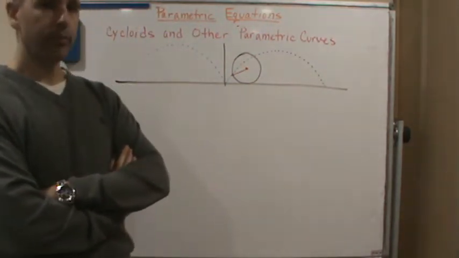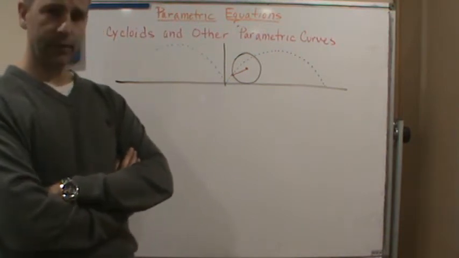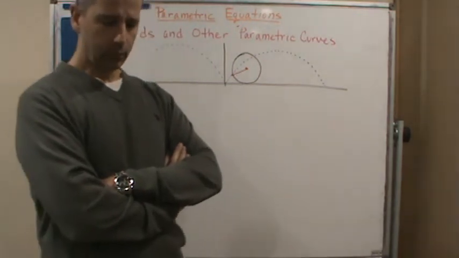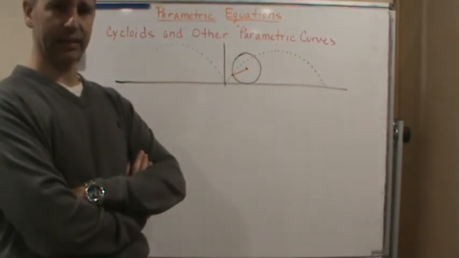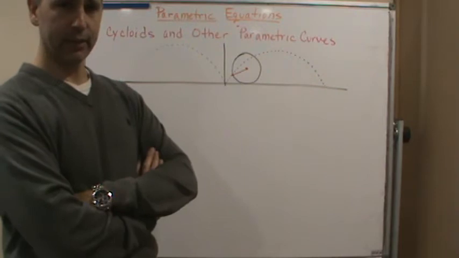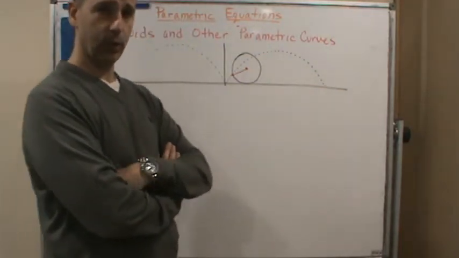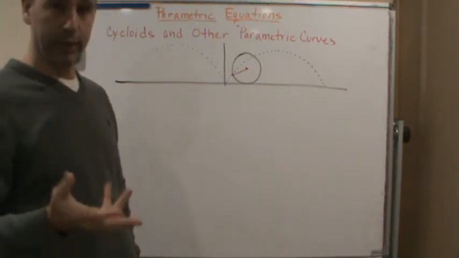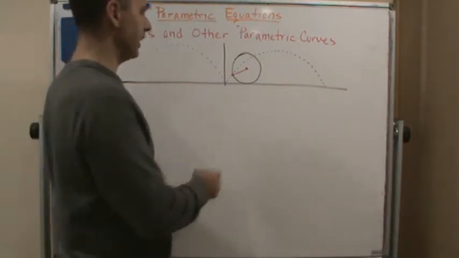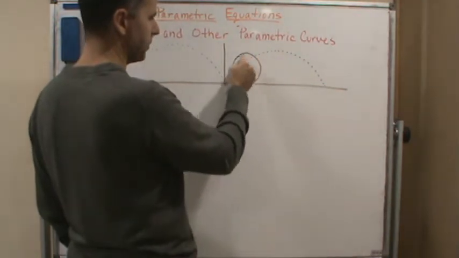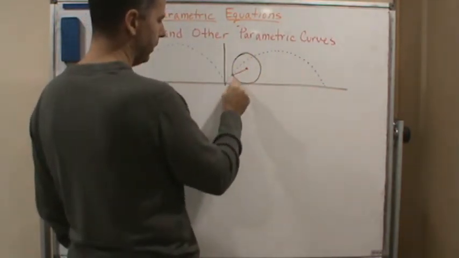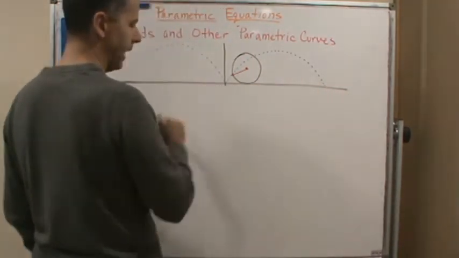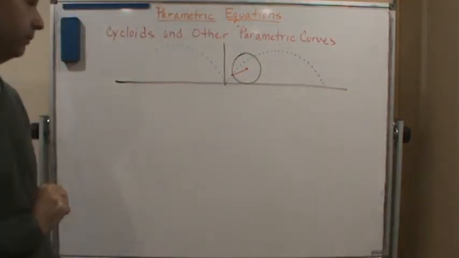Okay, so we have different curves that happen in real life, in physics and mechanics and things like that. So let's visualize a circle, whether it's a wheel, let's say a bicycle wheel, that's a common example. We've got the center of the bicycle wheel, and it's rolling on a flat surface, and it's not slipping, okay?